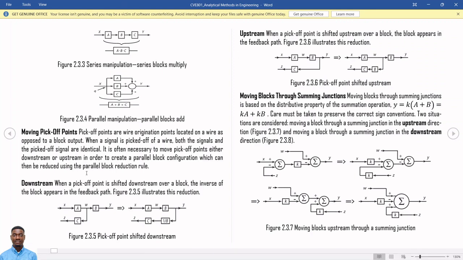What do we mean by downstream? When we move a pickup point downstream over a block. So if we look at this diagram 2.35 here, this point here is a pickup point that goes into this block C, right?